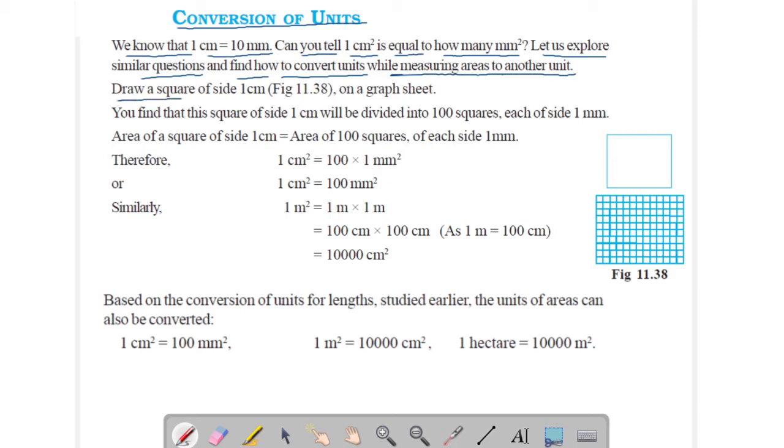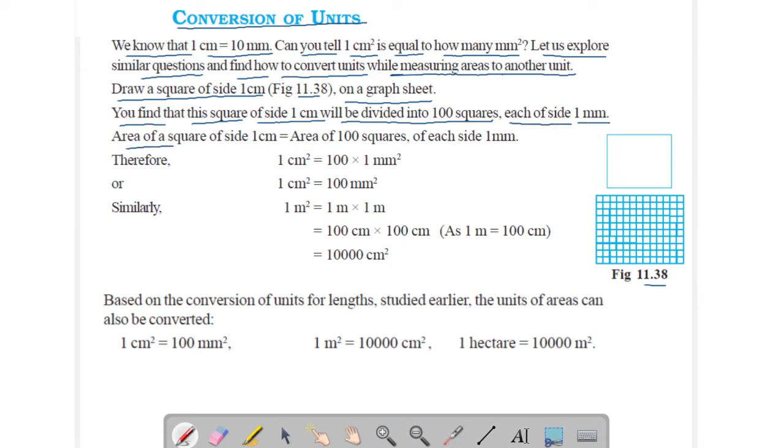Draw a square of side 1 centimeter. See figure 11.38, this is your figure. Here on a graph sheet, you find that this square of side 1 centimeter will be divided into 100 squares, each of side 1 millimeter.